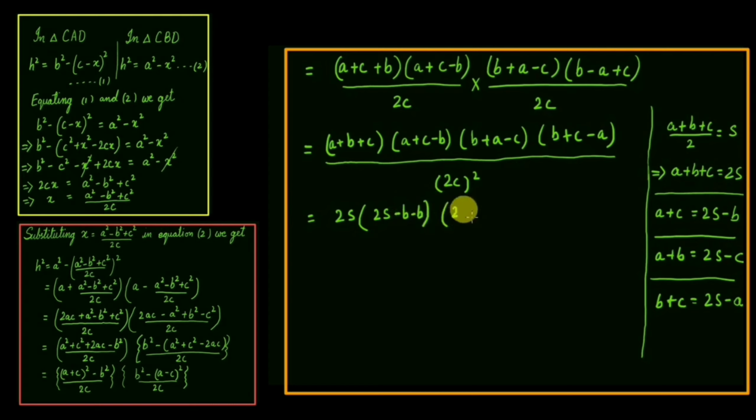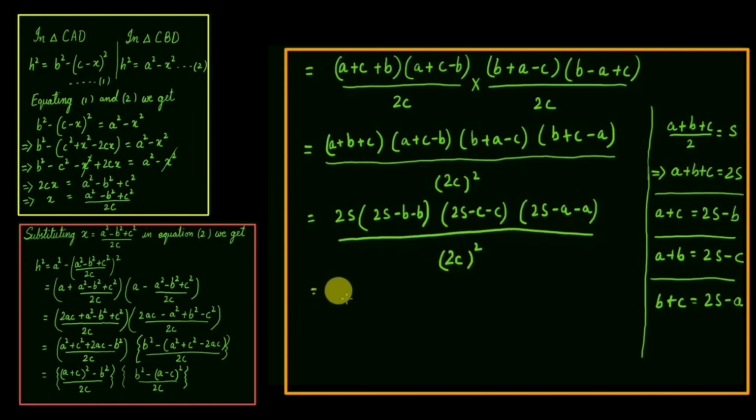So we are going to now replace these values with the values which we have written alongside. So we get 2s times (2s minus b) times (2s minus c) times (2s minus a) by (2c) whole square. So this is nothing but 2s times 2(s minus b) into 2(s minus c) into 2(s minus a) by (2c) whole square.